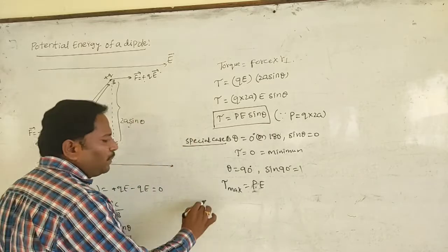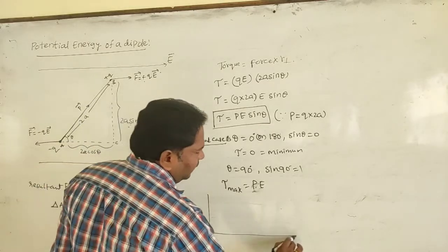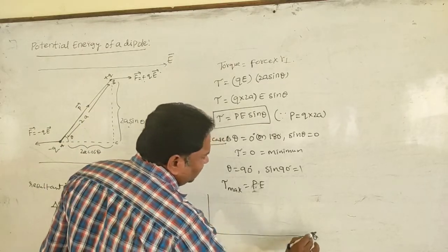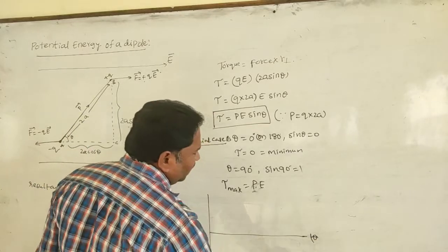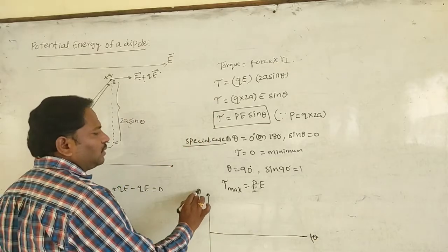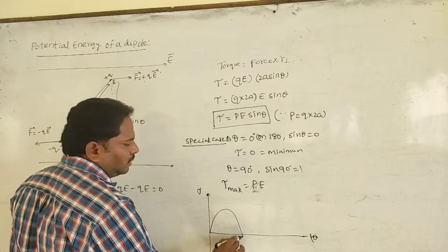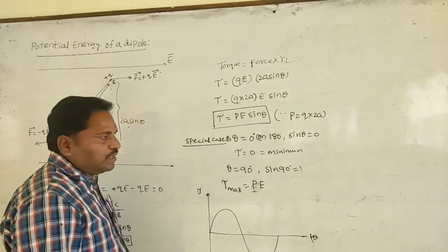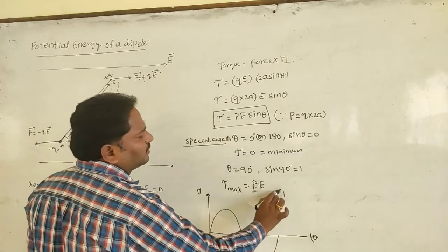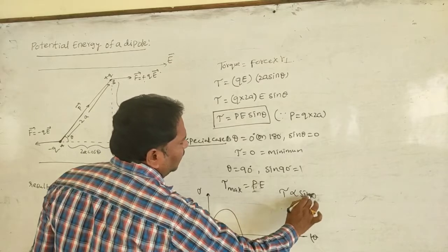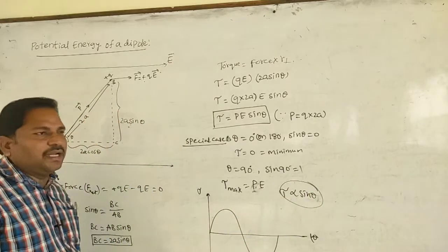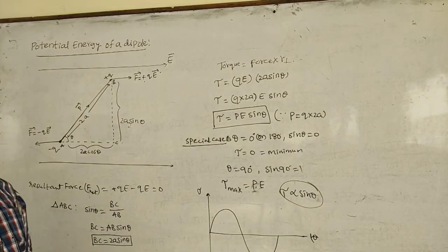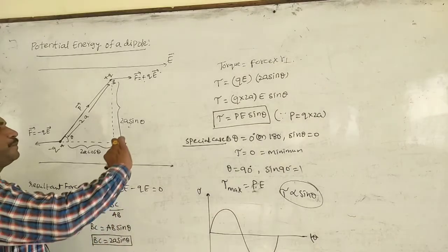Now we are going to plot torque versus theta. The graph is like this, because the torque is sinusoidally, directly proportional to sin theta. Now we are going to find the direction of torque.